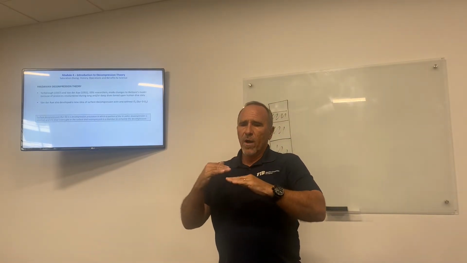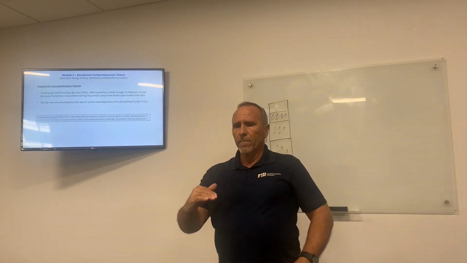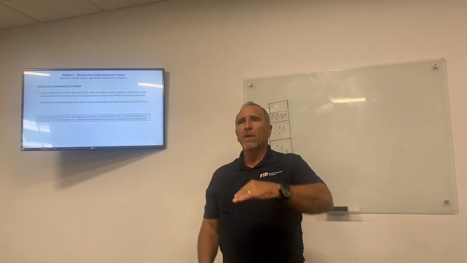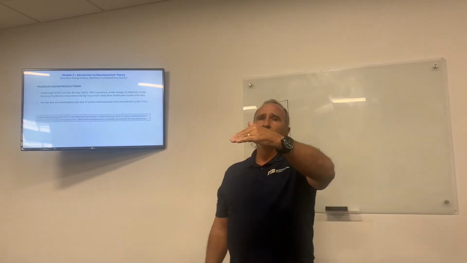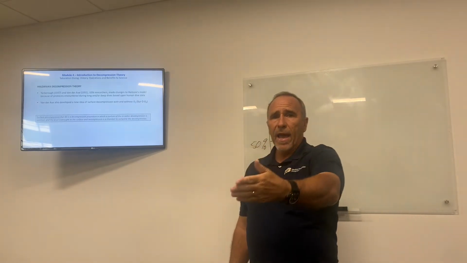So you have a 1 minute ascent from your last stop, which is 40 feet. That's 1 minute. Now you have 4 minutes left. When you get to the surface, you basically have really 3 minutes and 30 seconds. The way the Navy did it, you had 3 minutes and 30 seconds of what we called undress time.